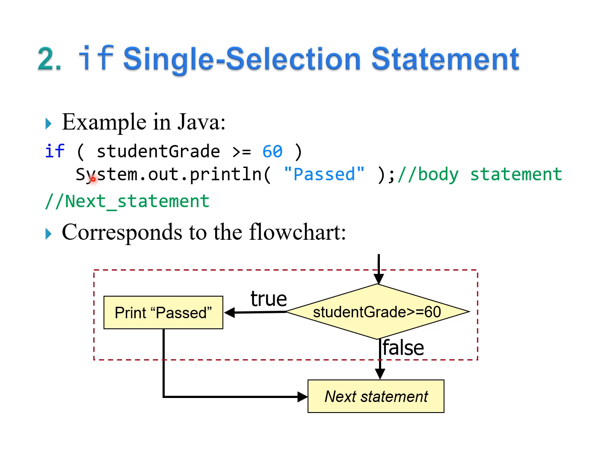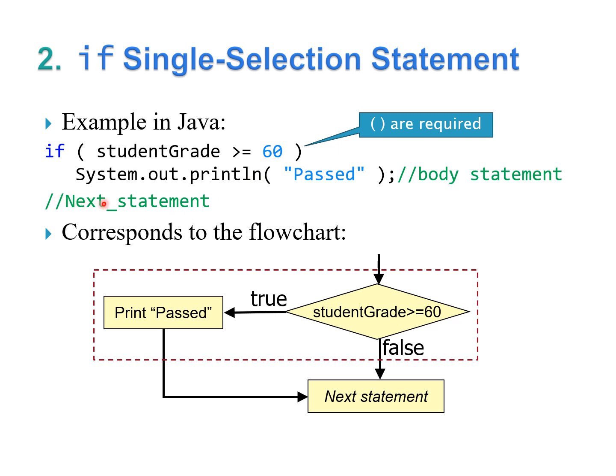And the body statement is to print out the string passed. Remember that the parentheses around the condition of an if statement are required. The indentation of the body statement is not required, but it improves the program's readability by emphasizing that statements are part of the body.